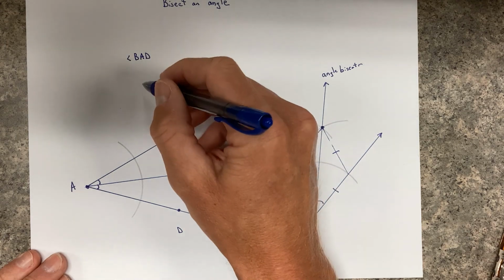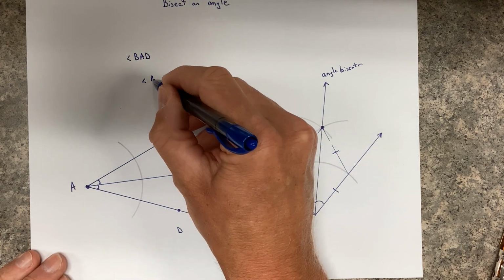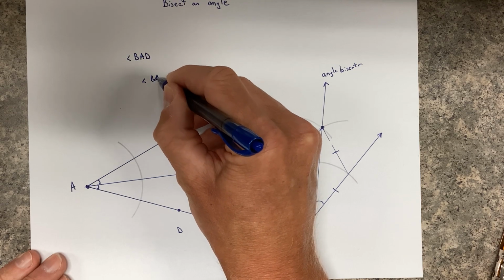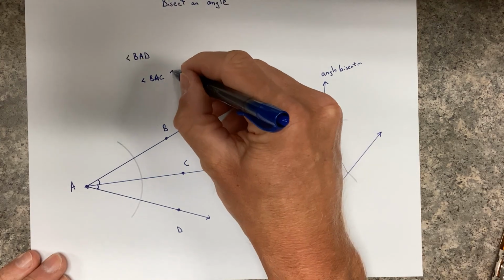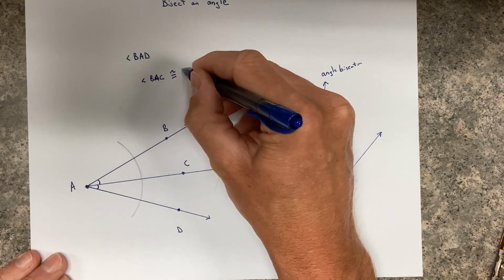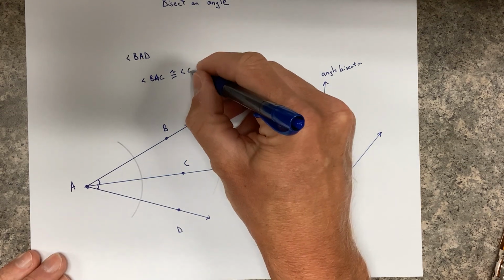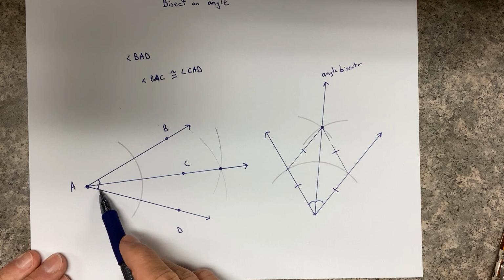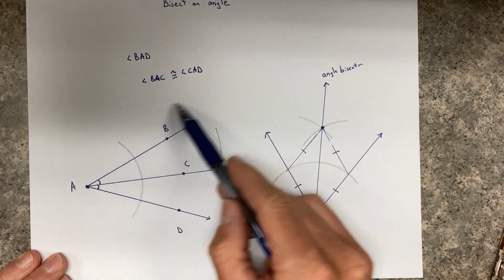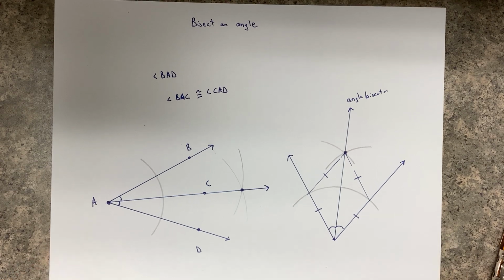And then what we decided is that we split that into two. Angle BAC is congruent to angle CAD. Okay, that angle is congruent to that angle. So we start getting a little more notation as to how we actually use letters in angles.